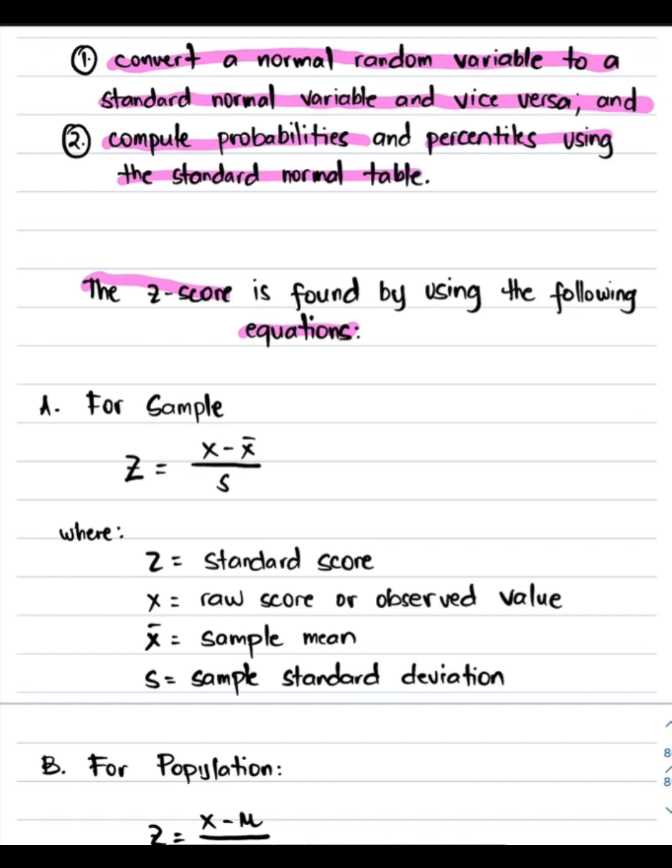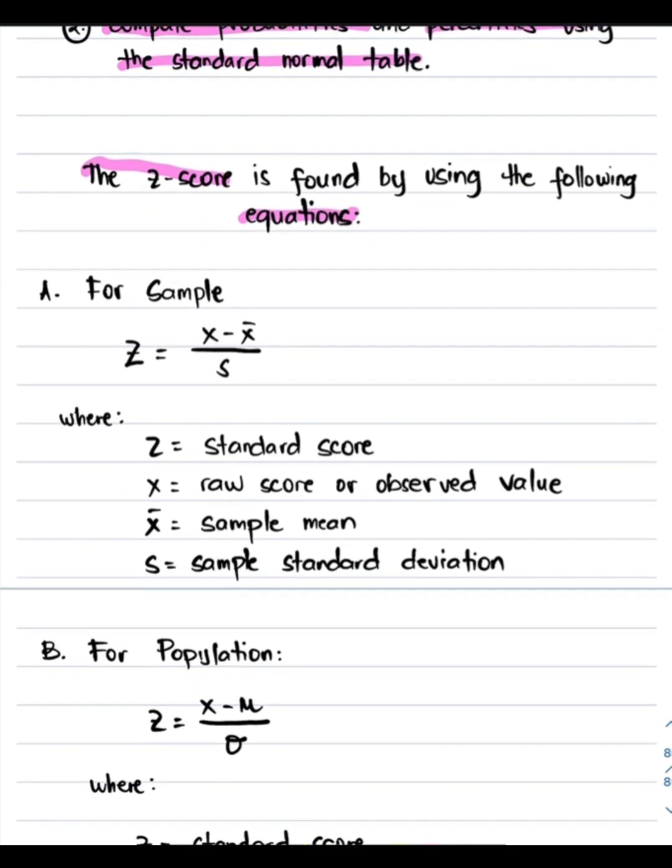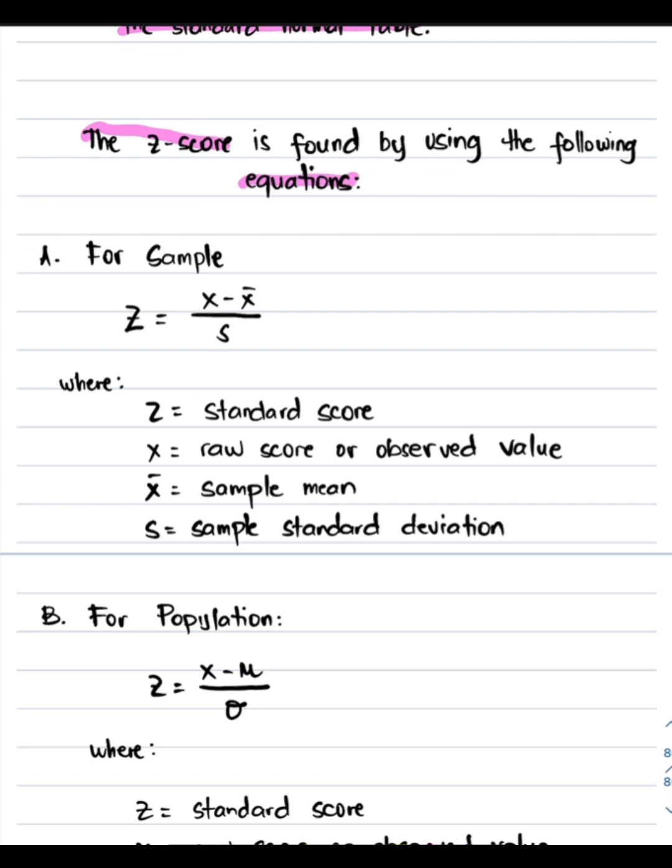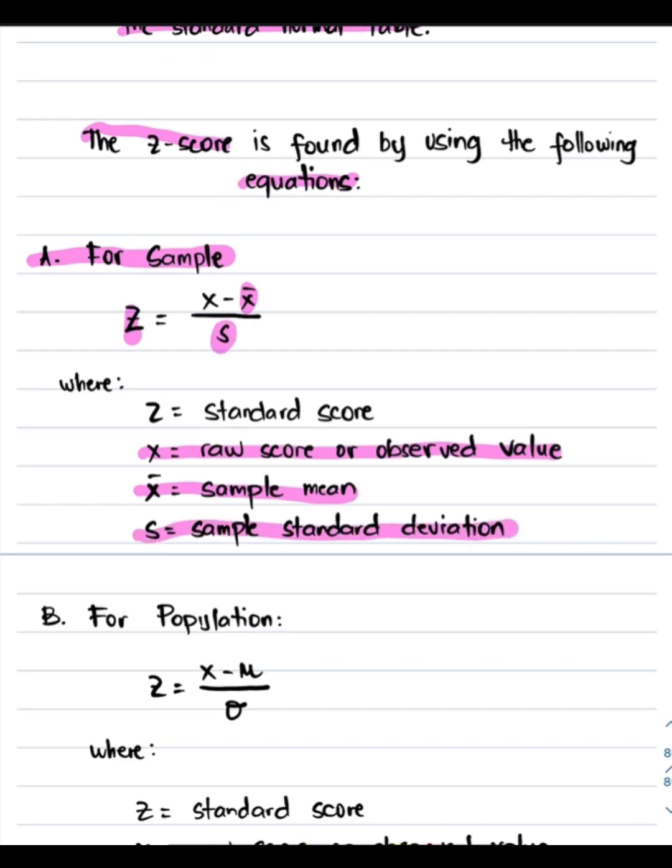So there are two formulas in solving for the z value. Letter A, for sample: z equals x, that is the raw score or the observed value, subtract x bar, or the sample mean, over s, the standard deviation of the sample.